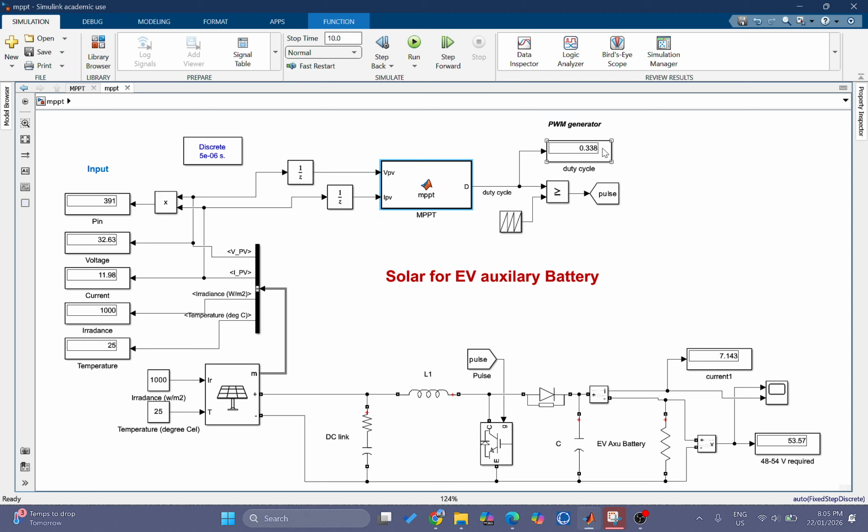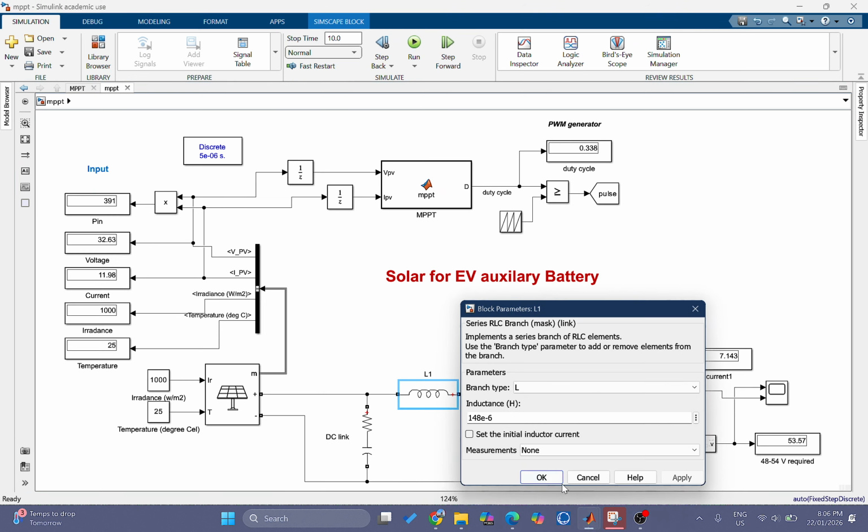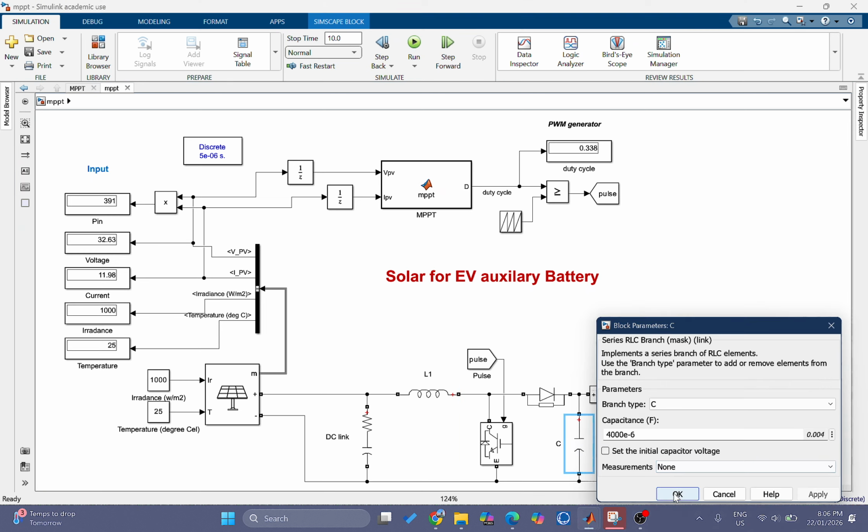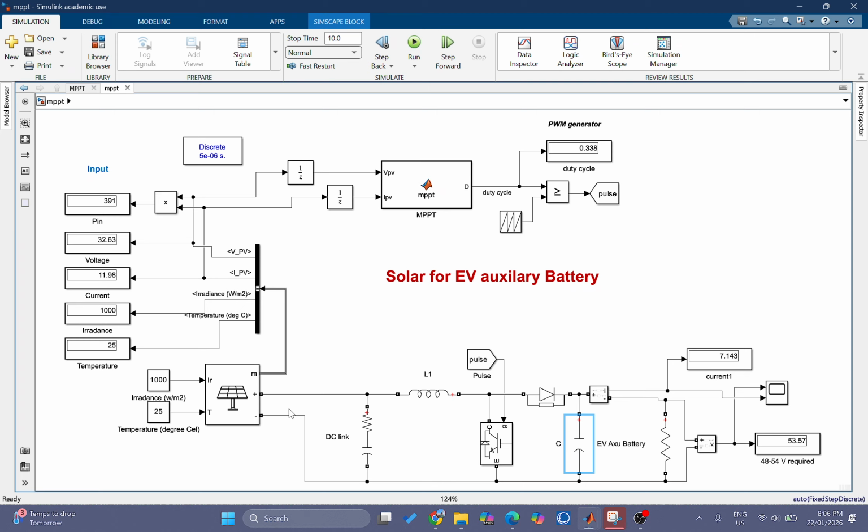This duty cycle is compared with the high frequency carrier signal to generate this pulse. These pulses drive the IGBT switch, and inductor and capacitance values are calculated and given here.